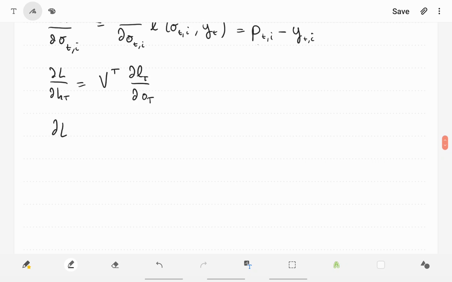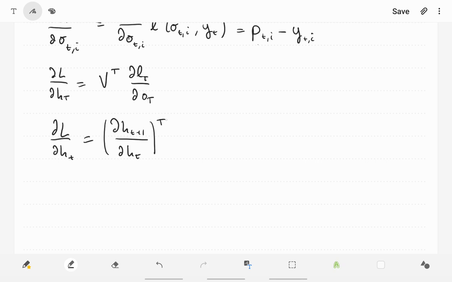We want partial L over partial h sub little t for any arbitrary little t. Well, this h sub t is an input for h sub t plus 1. So we have to incorporate that. We have partial h sub t plus 1 over partial h sub t. There's that.